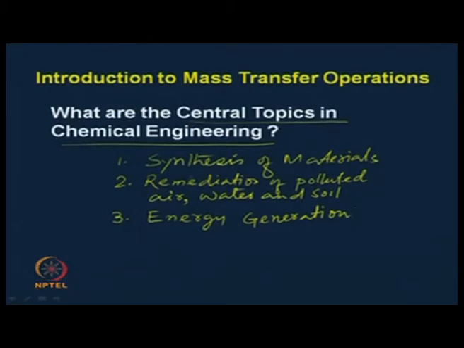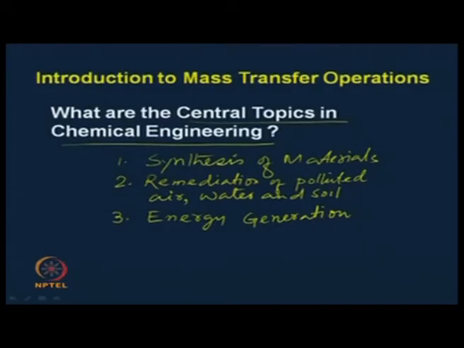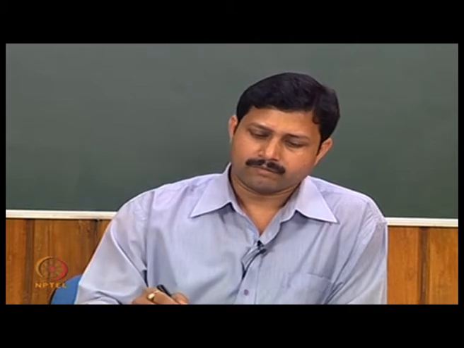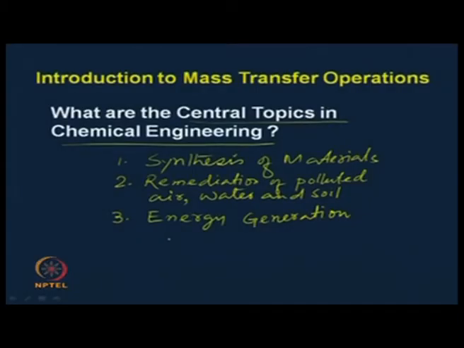So, these three topics are very important for our survival. We need to synthesize materials and we want our environment to be free of pollution. So, air, water and soil should be free of pollution, and for our survival we need energy. So, energy generation is an important topic in chemical engineering.